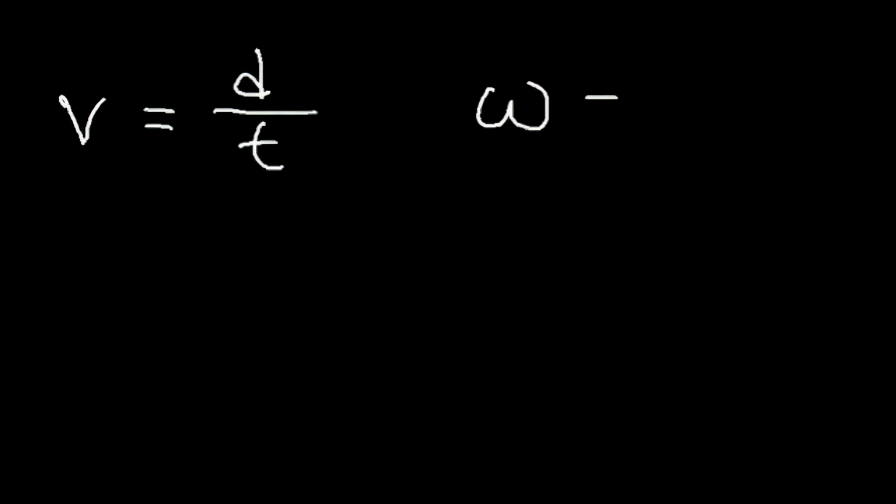Now, there are some other equations that we need to go over. For example, velocity is defined as displacement divided by time. Angular velocity, or omega, is angular displacement divided by time.